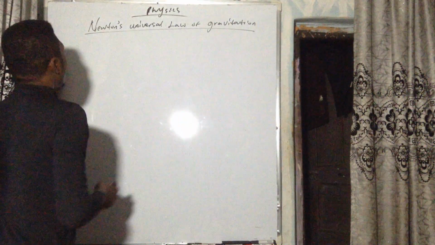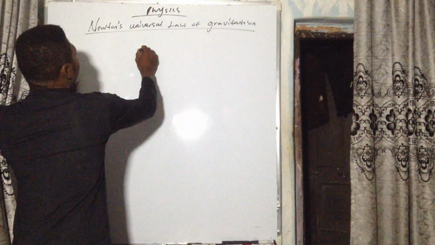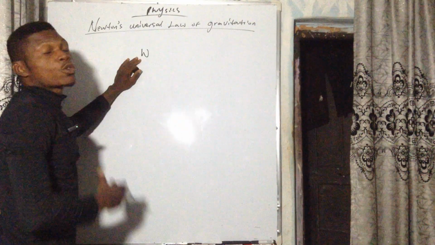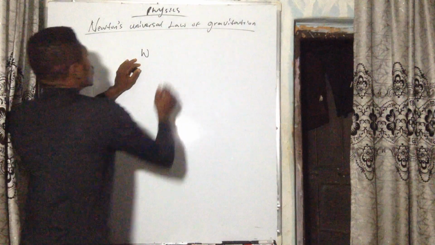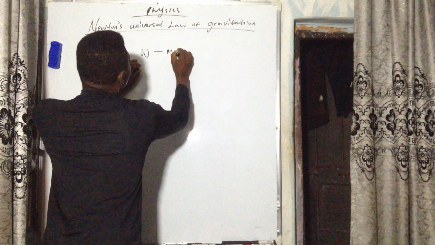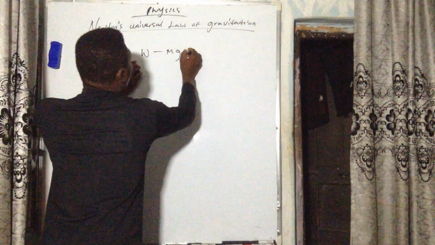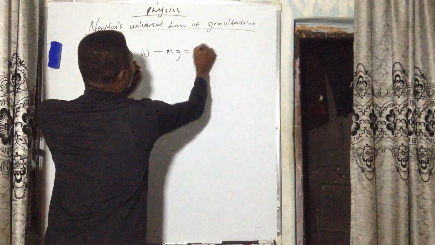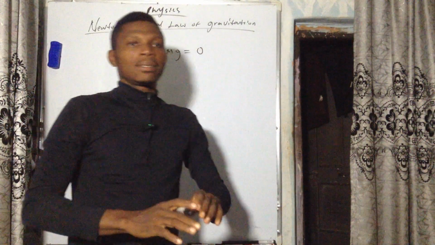Now, let's say W is as a result of the force of attraction the Earth has on you, and it is downwards. So mg is your weight. W minus mg is equal to 0, that is if you are on something that is motionless.